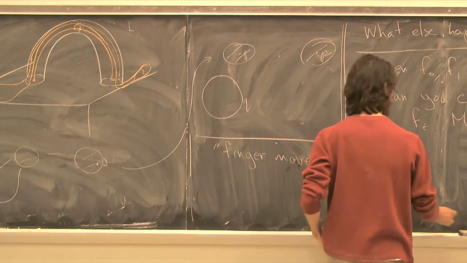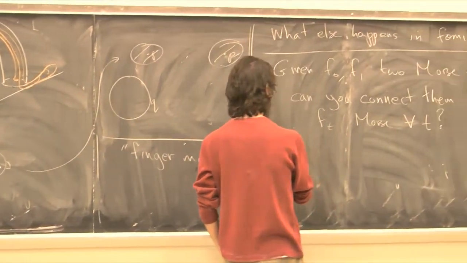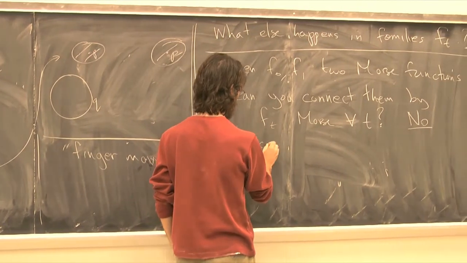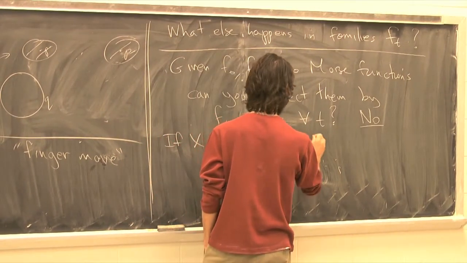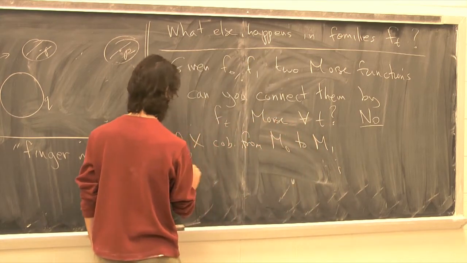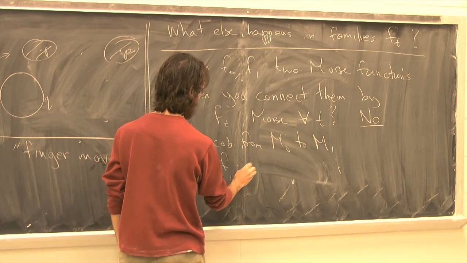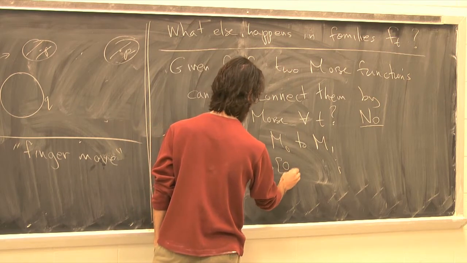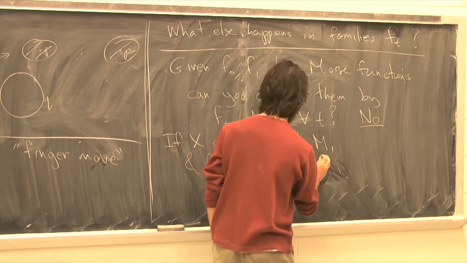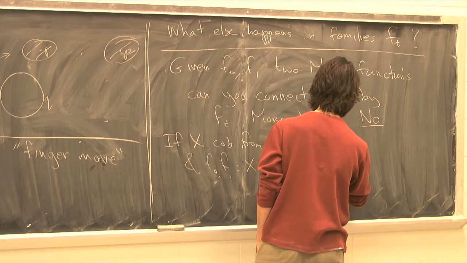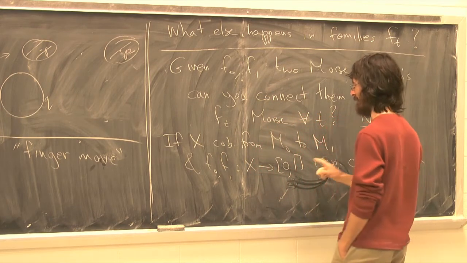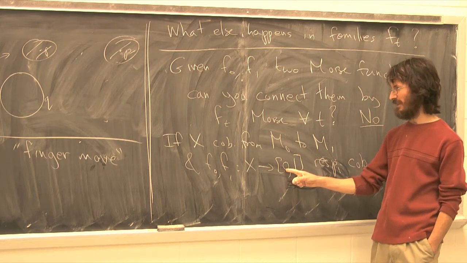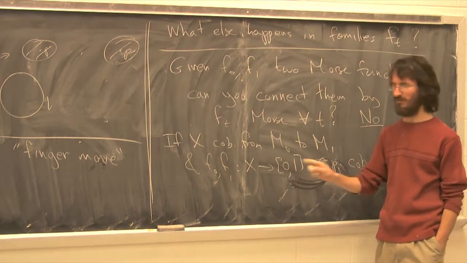Let me say that carefully. If X is a cobordism from M0 to M1, and F0, F1 map X to [0,1], respecting the cobordism structure, that just means F0 inverse of 0 is M0, F1 inverse of 0 is M0, and so on.